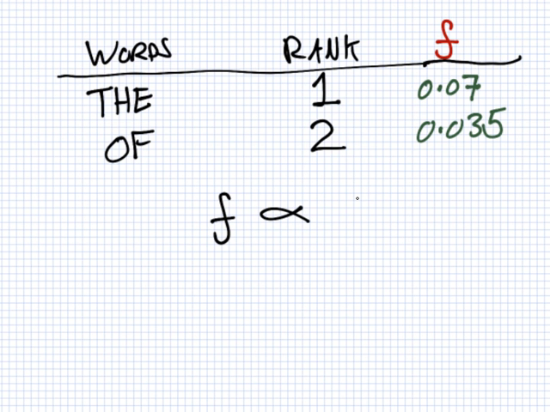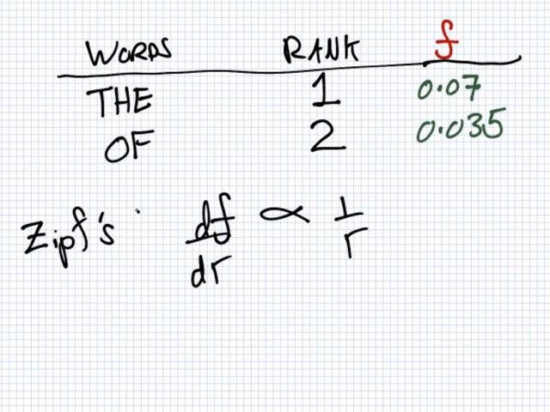I should have said the rate of change of frequency with respect to the rank is inversely proportional to the rank. This is Zipf's law, anyways. How do I spell his name? Z-I-P-F, isn't it? Zipf's law. Okay, now I have everything.